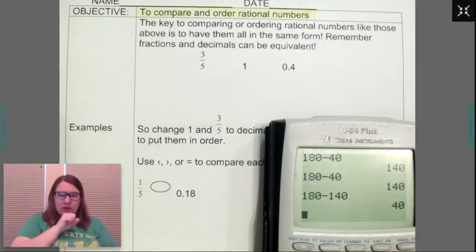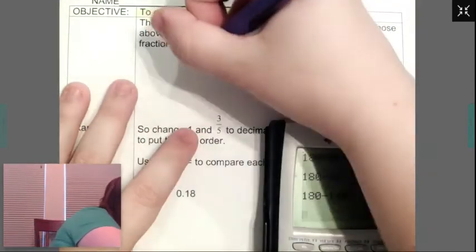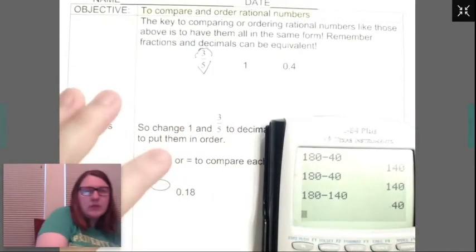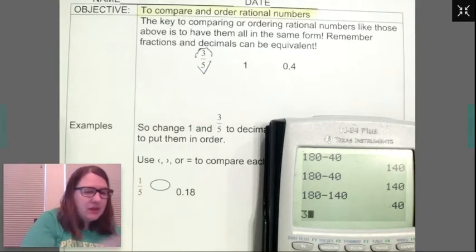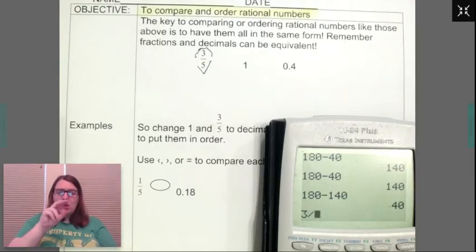Remember our ice cream, the ice cream cone. I always eat my ice cream first and then the cone. So in my calculator, the ice cream goes in first, then I divide, and then my cone.